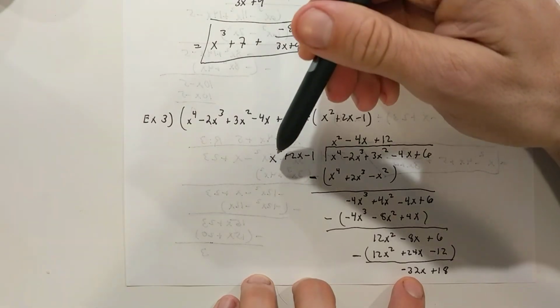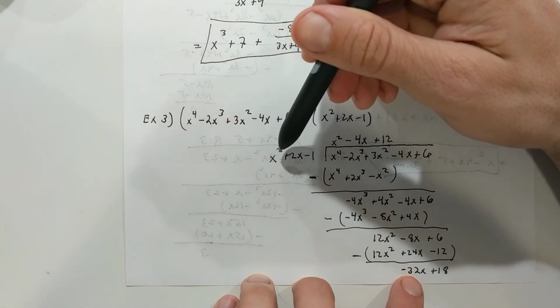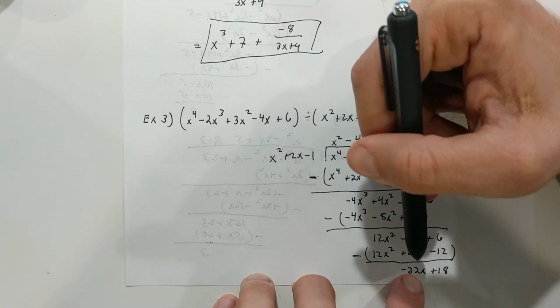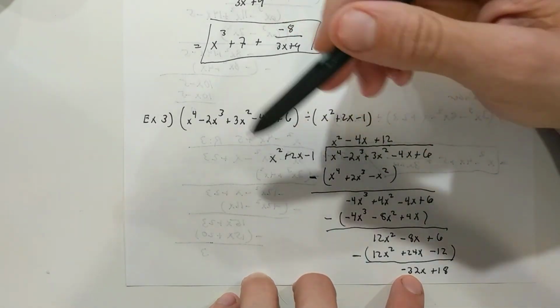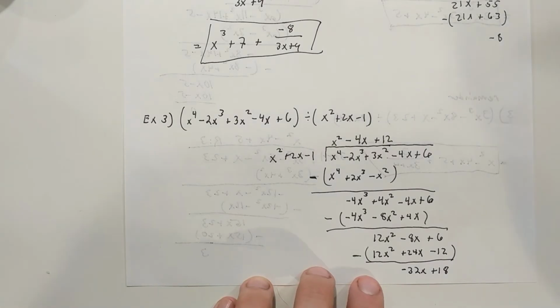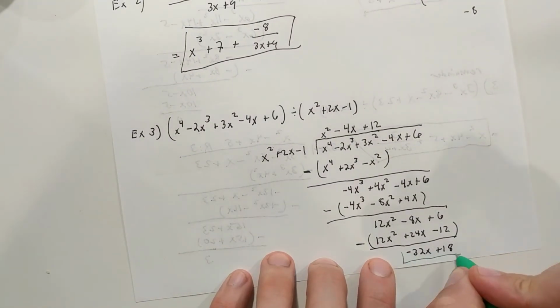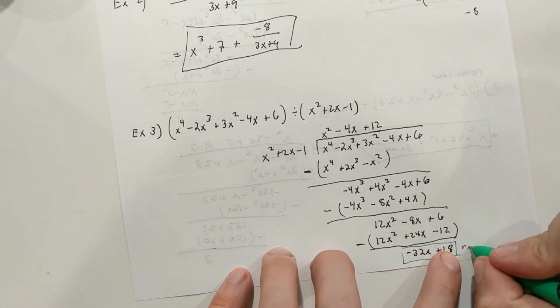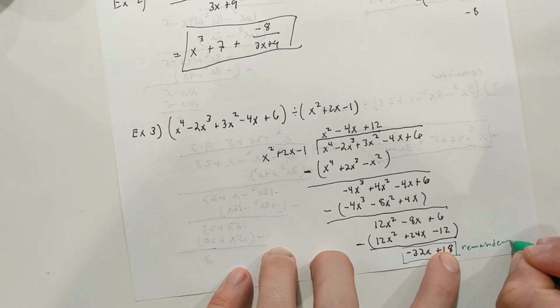Now, notice, since my leading term here is an x squared, I can't possibly make an x because that would be going down a degree. Once this happens, that means I'm finished, leaving me with this as my remainder.